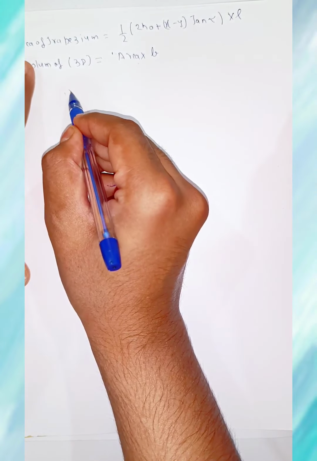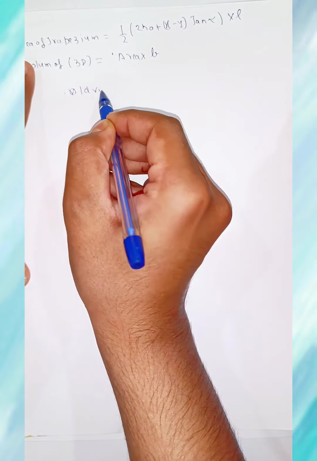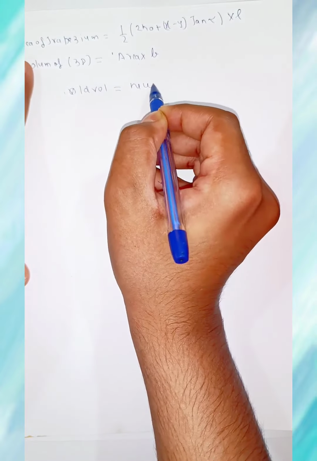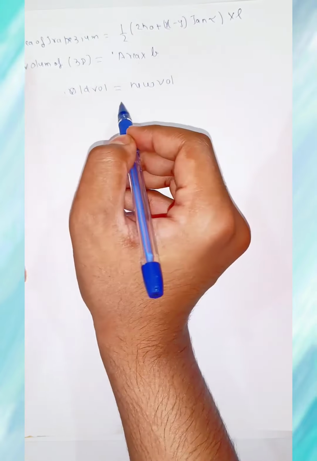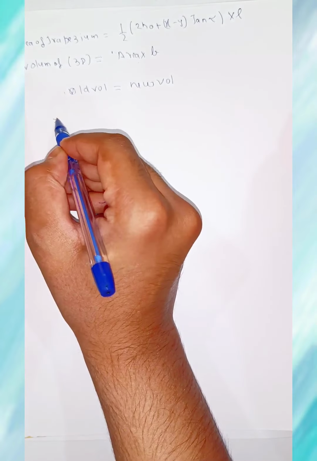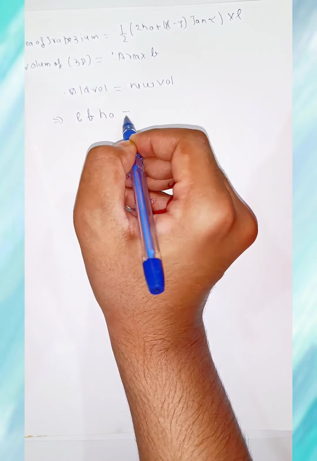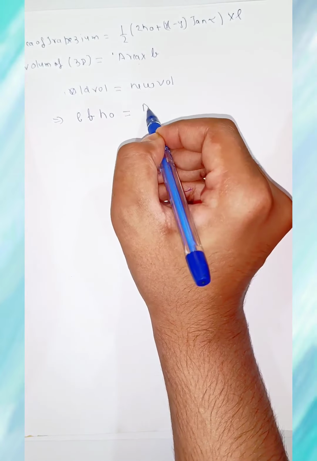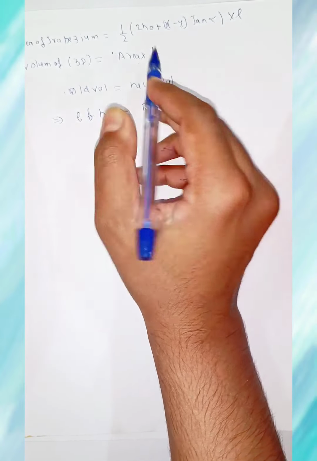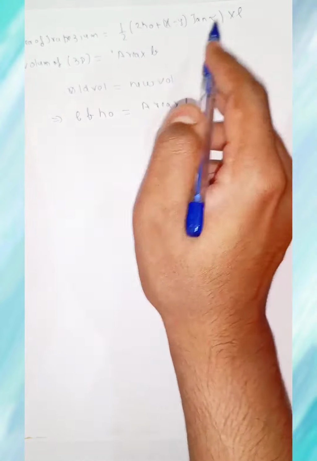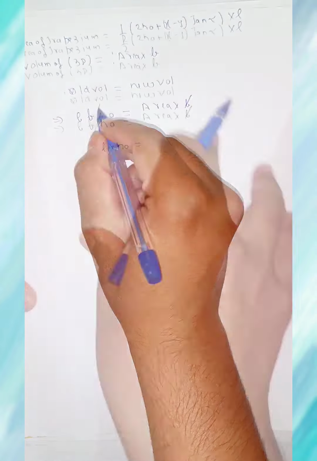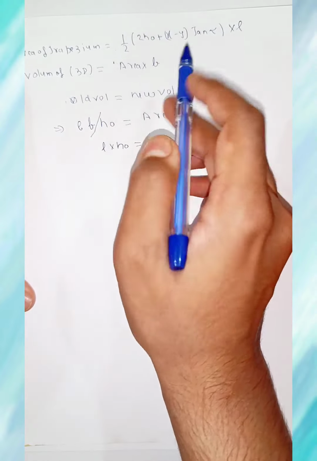Now let us equate old volume is equal to new volume, as no water is added or removed. Old volume was the volume of the cuboid L b h0, and the final volume is area into b. What is area? Area is this whole. So b and b will cancel out. So let me evaluate it.